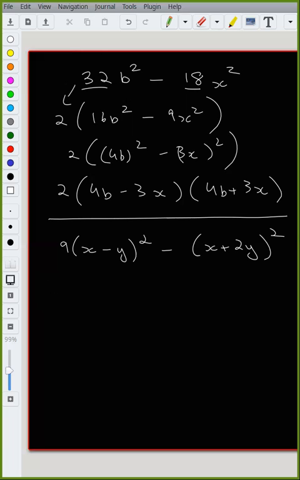Anyone got this? If you're not able to solve, let me know.